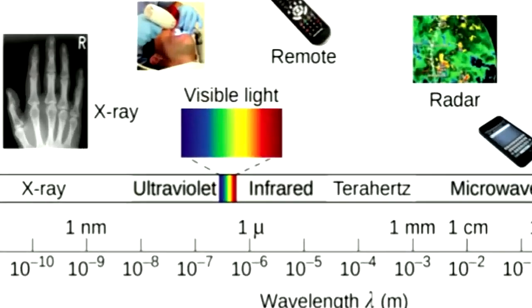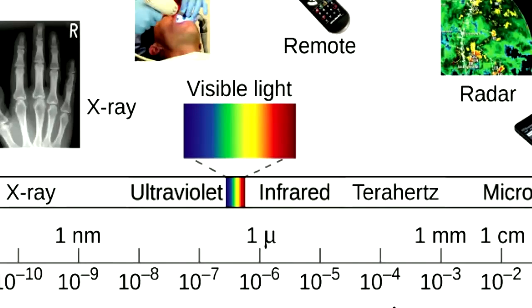For example, if we look at visible light, we have violet over here and red over here. Red light is low energy visible light, while violet is higher energy visible light. Scientists aren't very creative. Looking at the two regions that flank visible light, next to red is infrared.